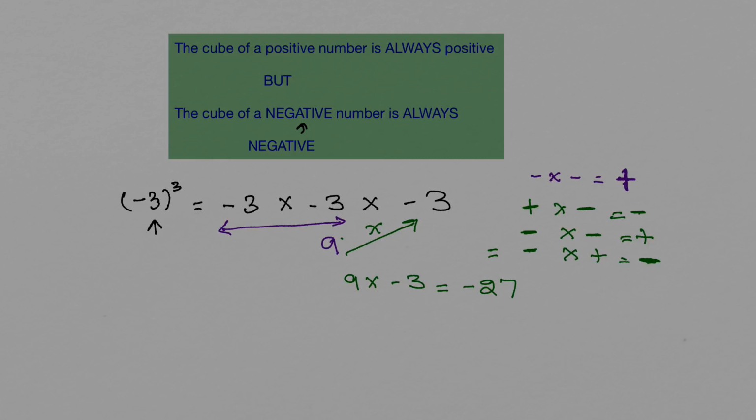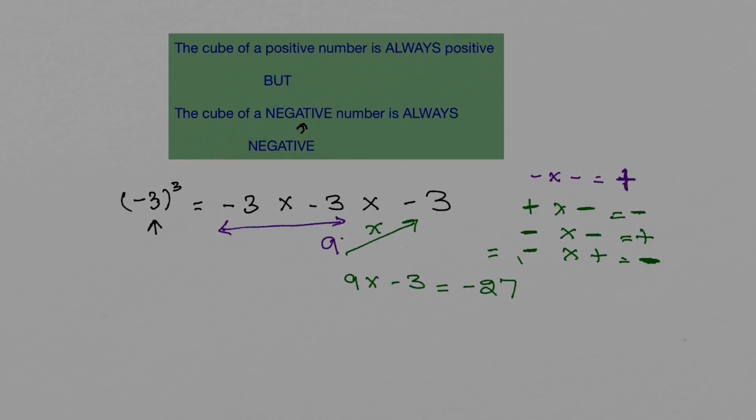So the first one, minus times minus, we're using this rule, minus times minus gives us plus 9, and then positive 9 times minus 3 is going to be minus 27. So the cube of a negative number is always negative, guys, please.